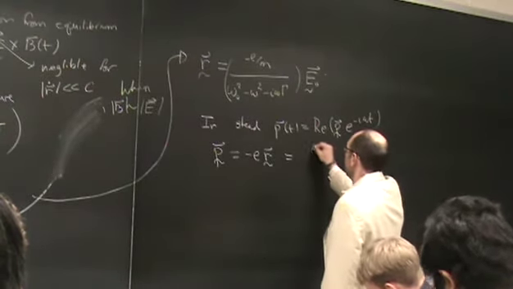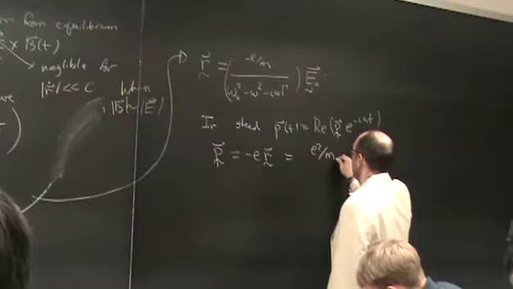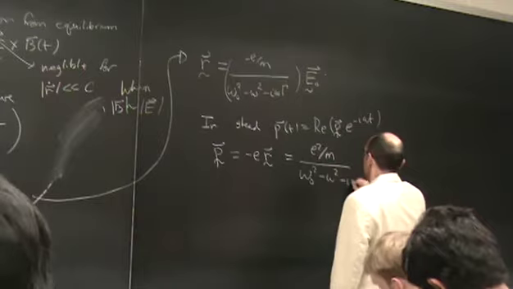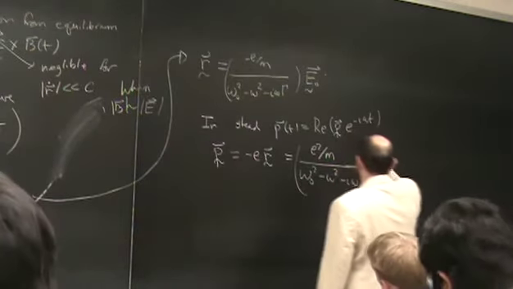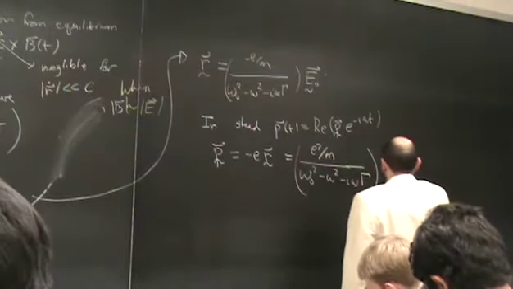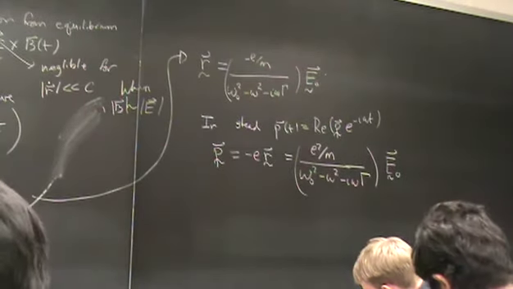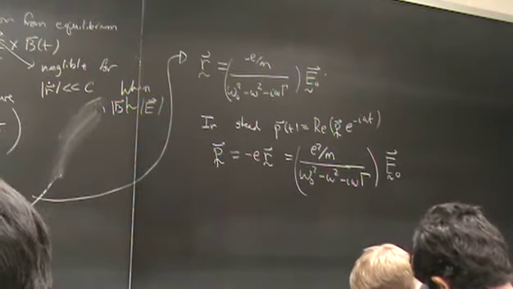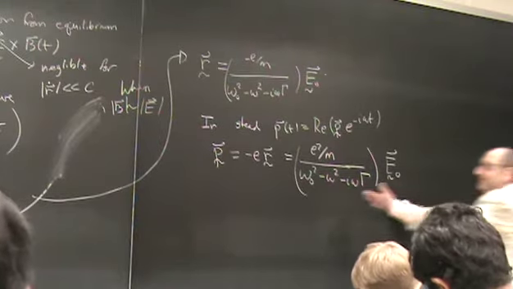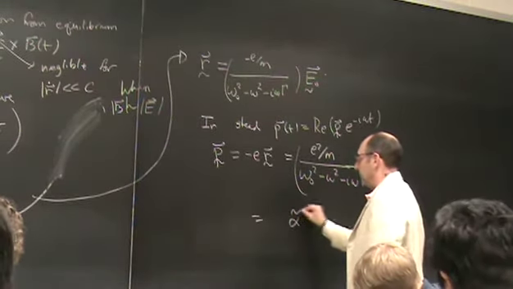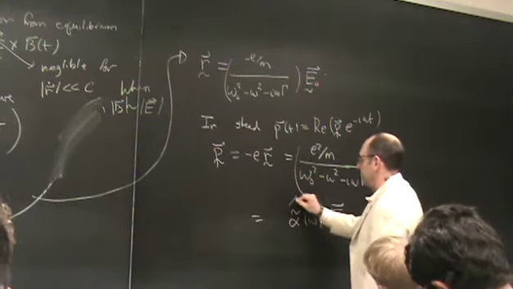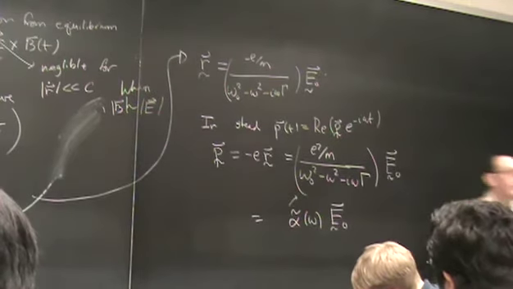And so that's equal to e squared over the mass of the electron, over omega 0 squared minus omega squared minus i omega gamma, times E0 tilde. All right? And so what is the polarizability? Well, there it is. It equals alpha as a function of omega.